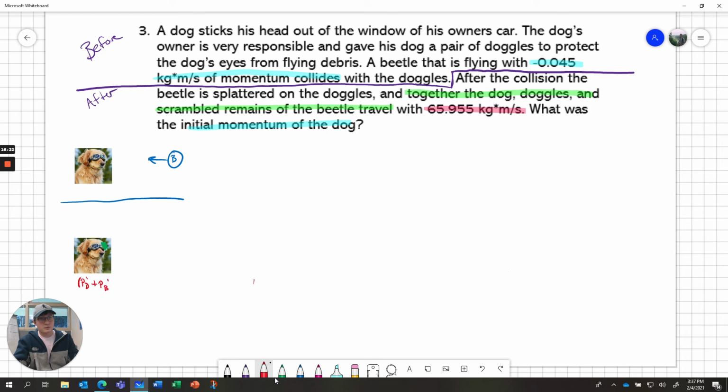So I highlighted this in green just to emphasize the point that if you ever see a phrase that says they stick together or they move together after a collision, you should do something like this, where you treat them as if they are one object.